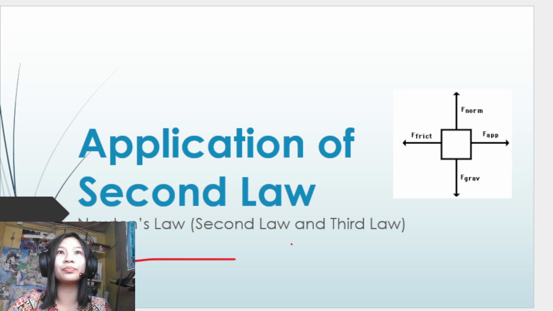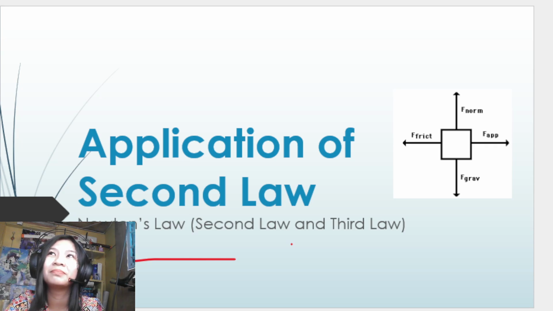Now, remember that in our free body diagram, when drawing the free body diagram, I sometimes saw that the drawing of the arrow is reversed, pointing inward. That's not correct.